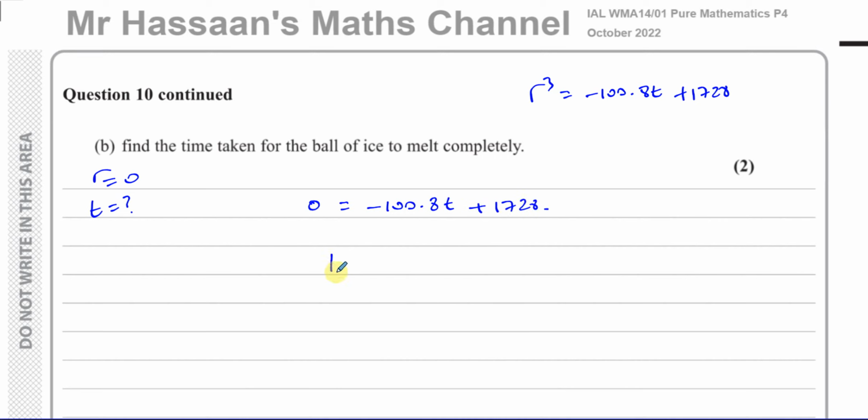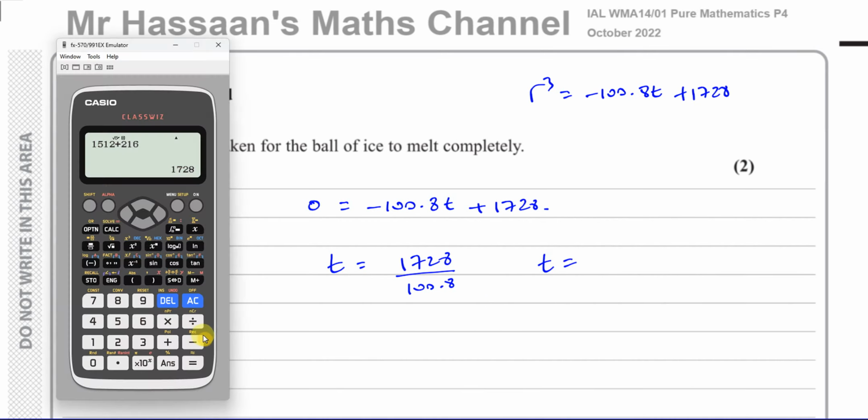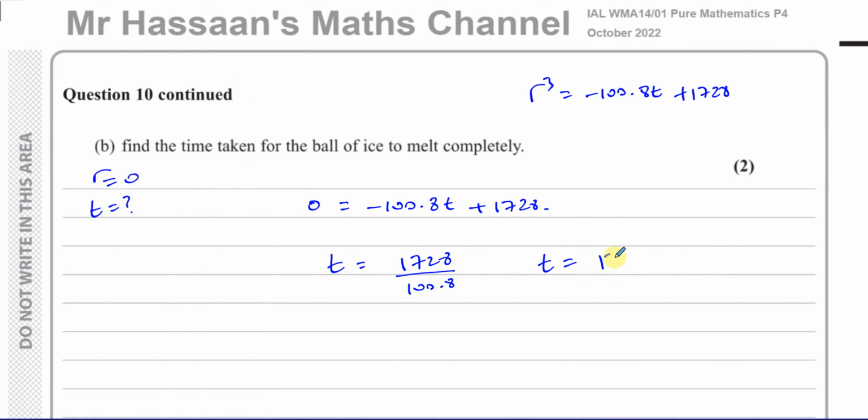So you simply have to divide 1,728 by 100.8. You're going to add this to both sides to become positive, then divide both sides by 100.8. So therefore T is equal to, we take this value and divide it by 100.8, and that gives you 120 over 7, which is 17.1428 continues on.